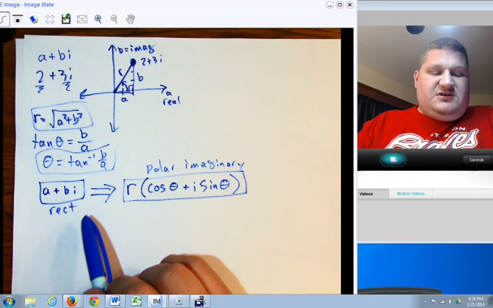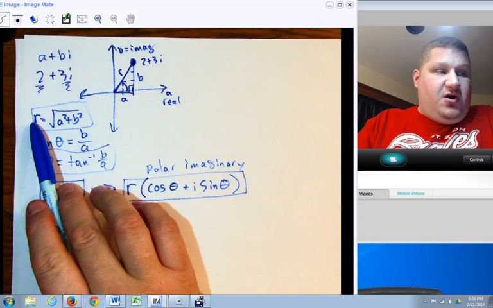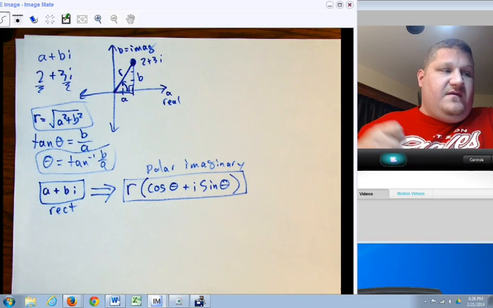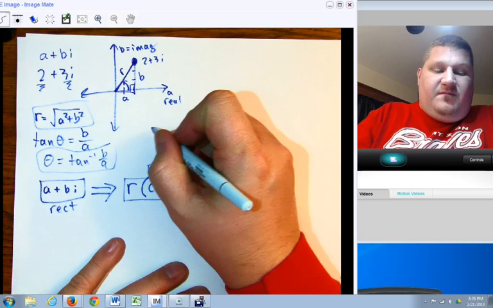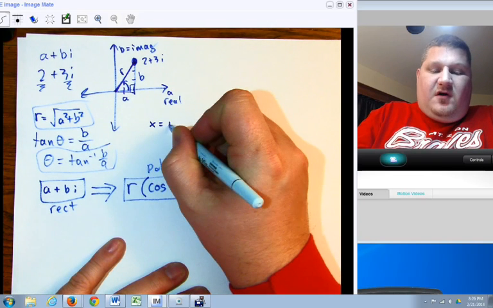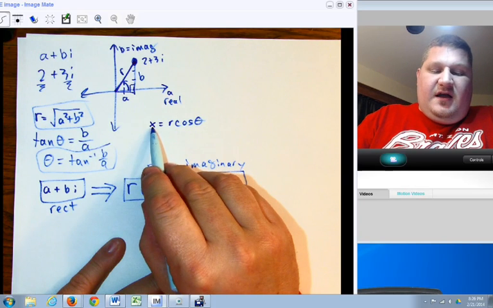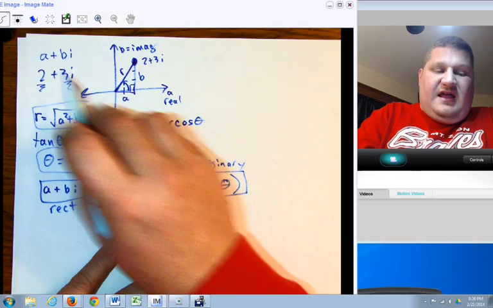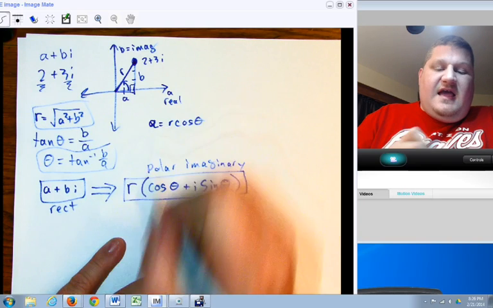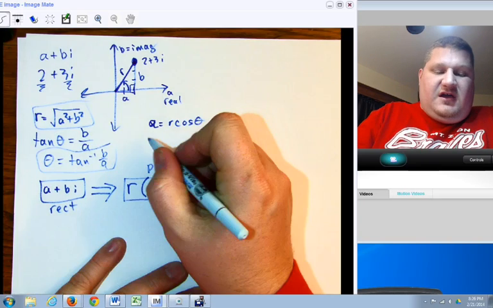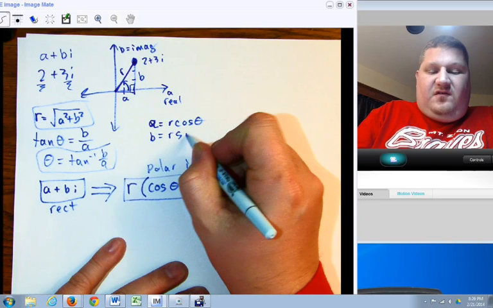But folks, it shouldn't be terribly shocking. Just like r is equal to the square root of a squared plus b squared, we had a formula that said x equals r cosine theta. Well, in this case, it's not x and y, it's a's and b's. And a is first, so this is like a equals r cosine theta. And b, therefore, would be r sine theta.